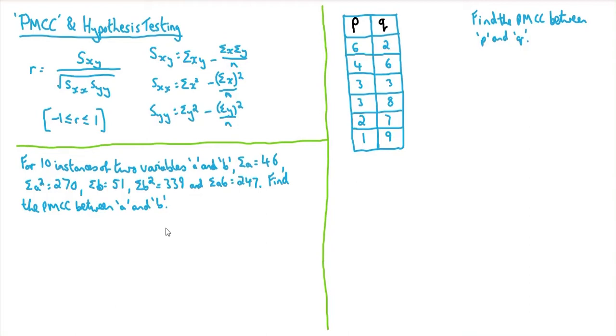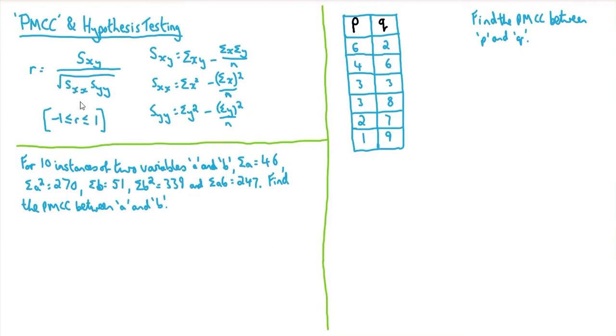So, PMCC's formula is rather formulas within formulas. We're going to represent the value itself with the letter r, and we'll say that r equals Sxy over the square root of Sxx times Syy, where in each case Sxy is saying what is the average spread between the x-coordinate and y-coordinate of each point in the data.